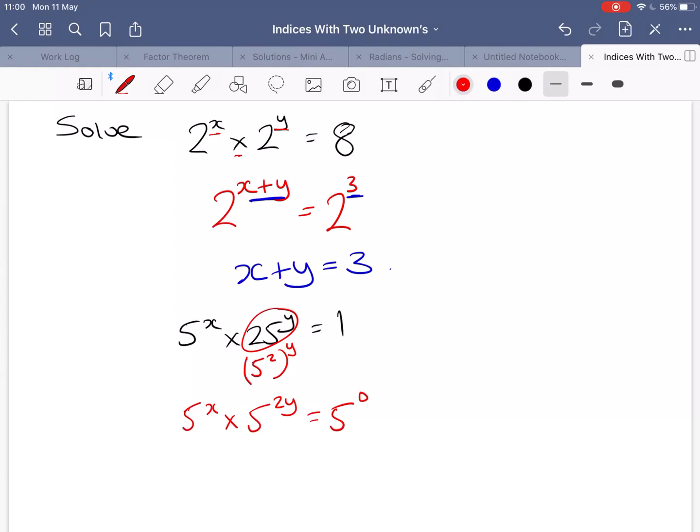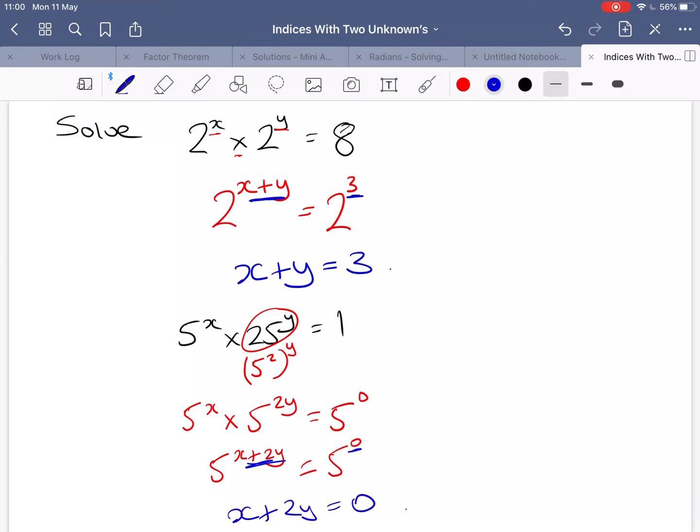So I've got 5 to the power of x plus 2y, because we're multiplying these two powers of 5 together. What do you do when you multiply? You add the powers, equals 5 to the power 0. The only way this can be true is if x plus 2y equals 0.